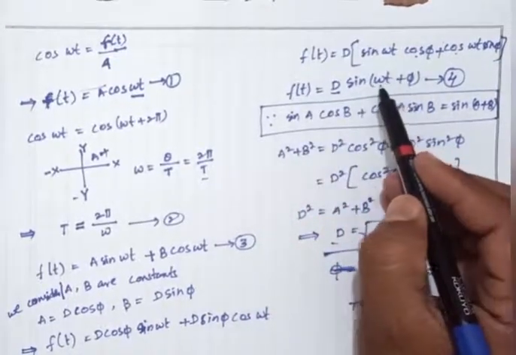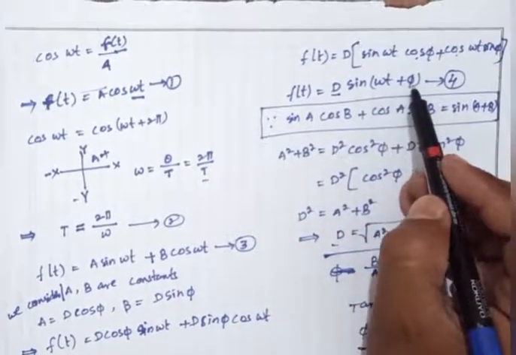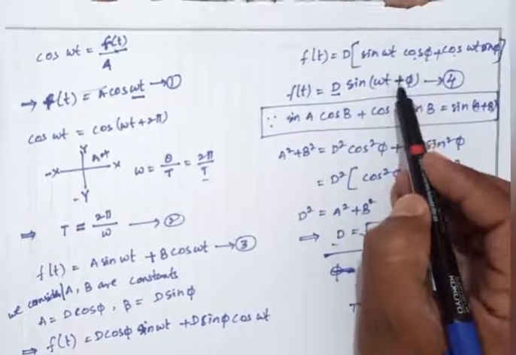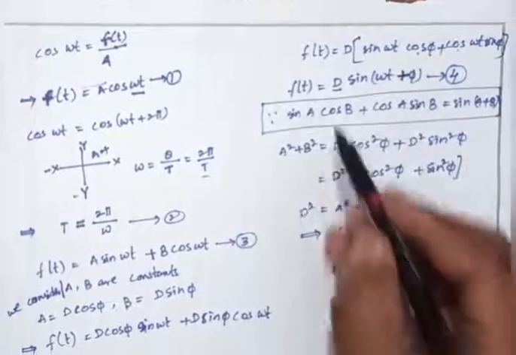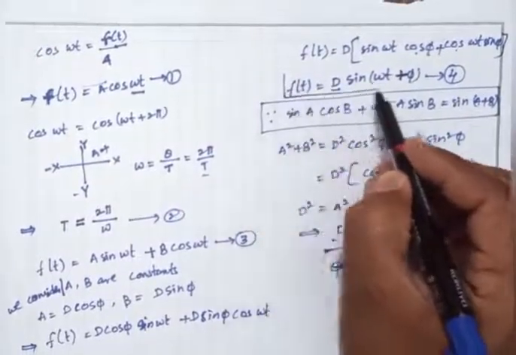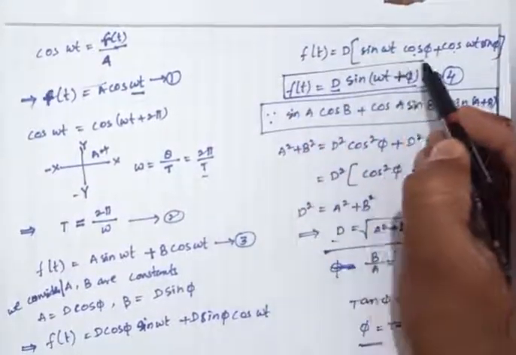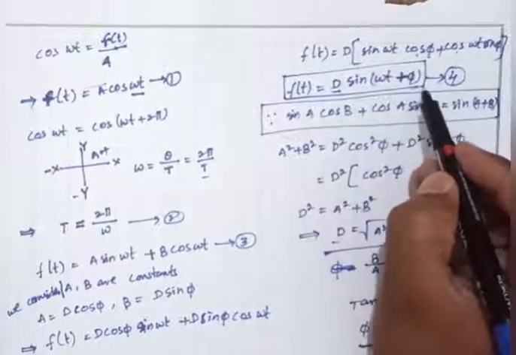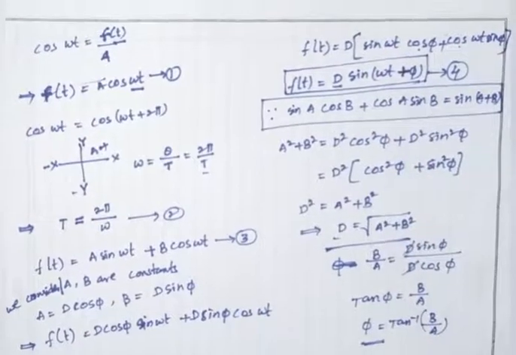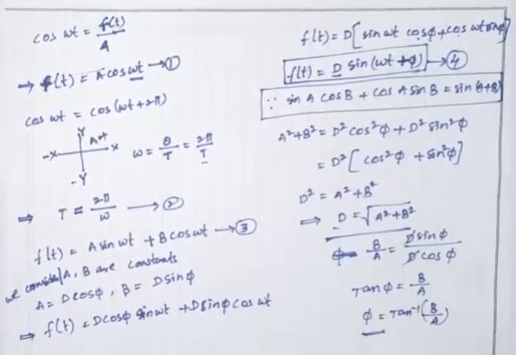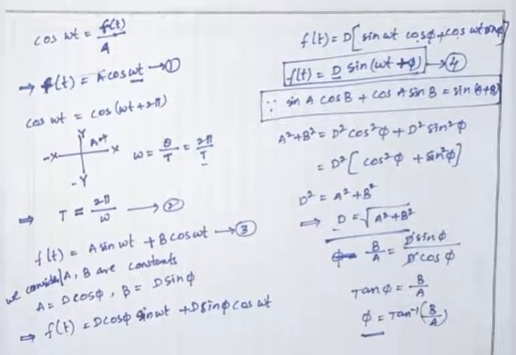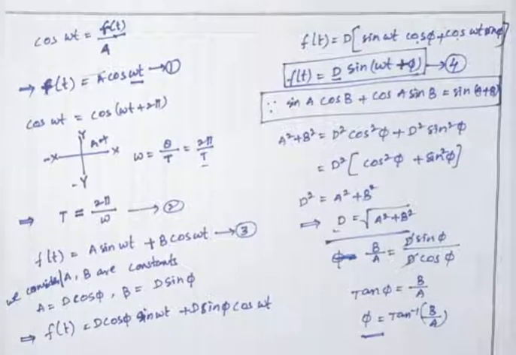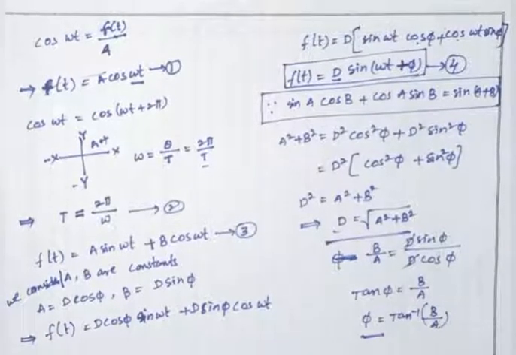Omega t is the angle and phi is a constant, the phase angle. So the function of displacement f of t equals d sin of omega t plus phi. This is the displacement equation of oscillatory motion. I hope you understood. Thank you.